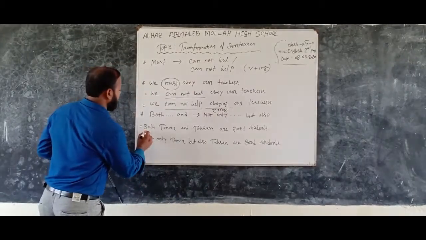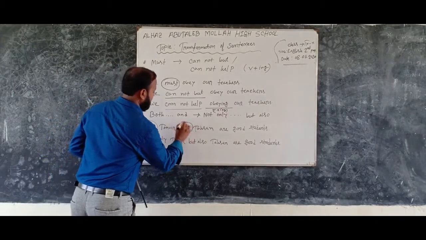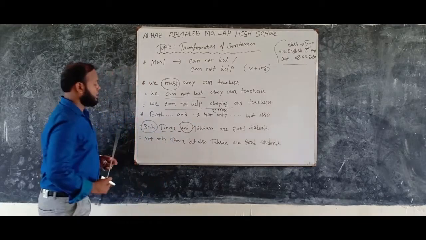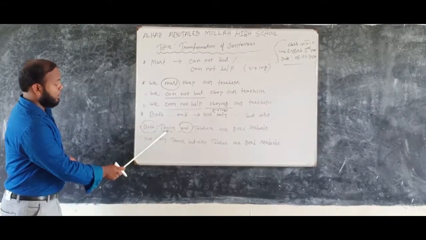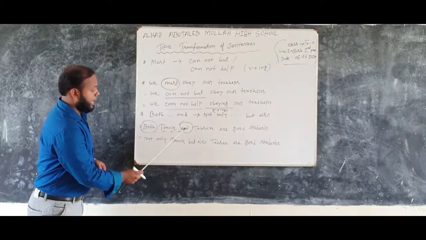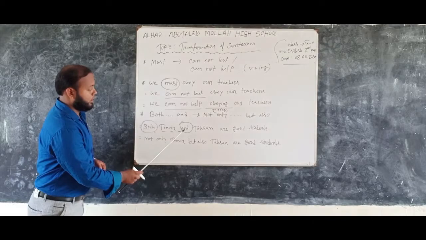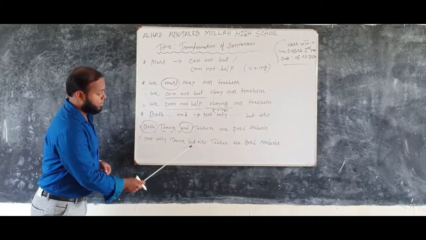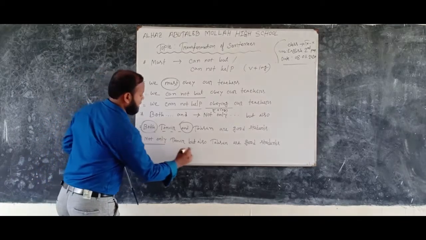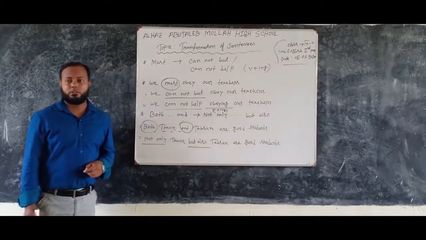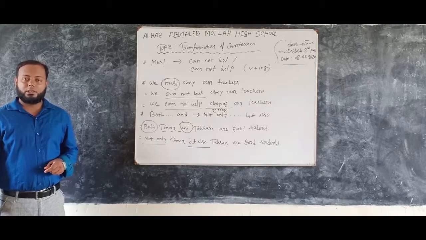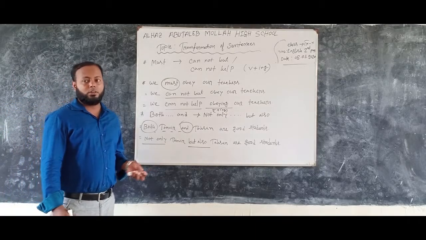We find both and. So instead of both we can use not only. Then the noun Tanvir, and instead of and we have to use but also, and then the rest of the sentence. Okay, my dear learners, do you understand it? Okay, thank you.